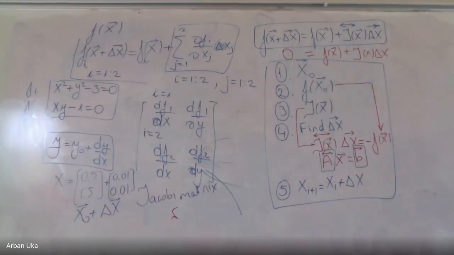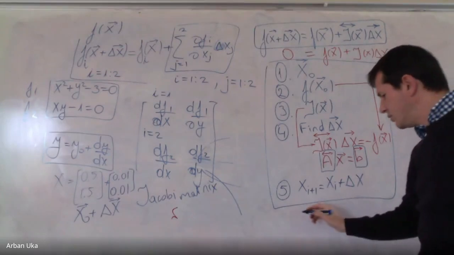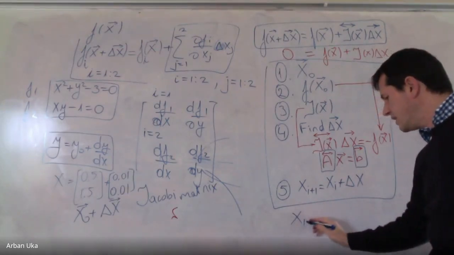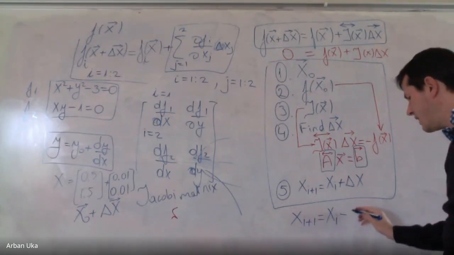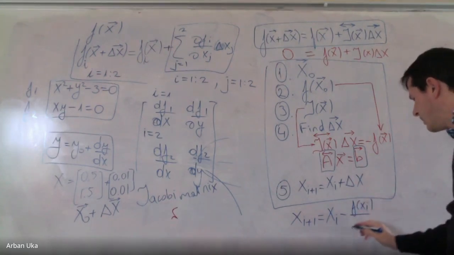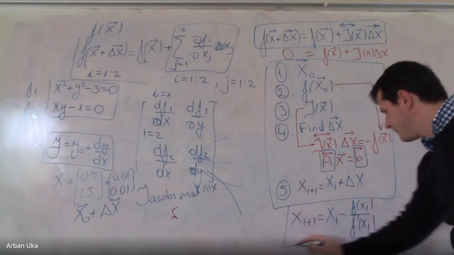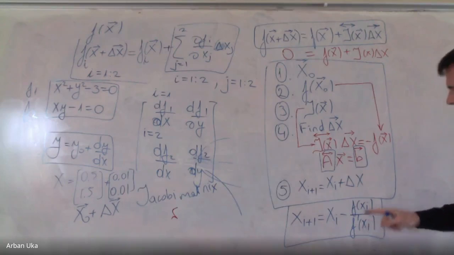If you remember, this is the Newton-Raphson method, but using vector notation. In the Newton-Raphson method, we had x(i+1) always equal to xi minus the function evaluated at xi over the derivative of the function evaluated at xi, right? So this was Newton-Raphson for a single value.